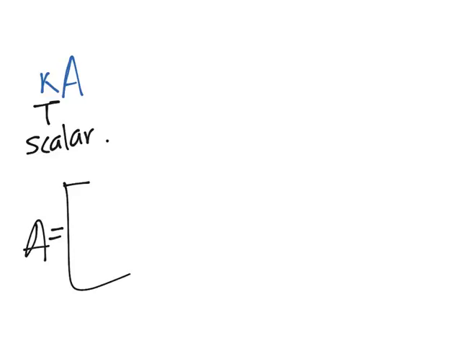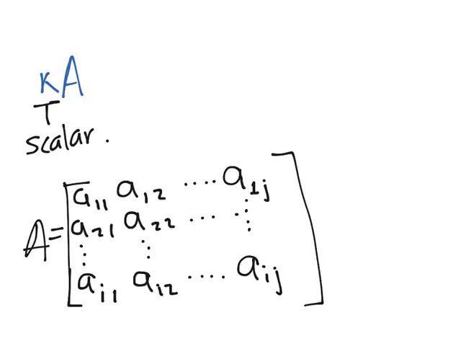So for example, if we were to have a scalar K times the matrix A, let's say that this is our matrix A. As you can see here, I just put an arbitrary size, I by J. The ellipses right here mean that there are some rows and columns in between that I didn't write because there wasn't enough space.